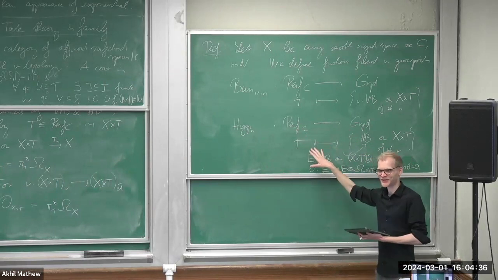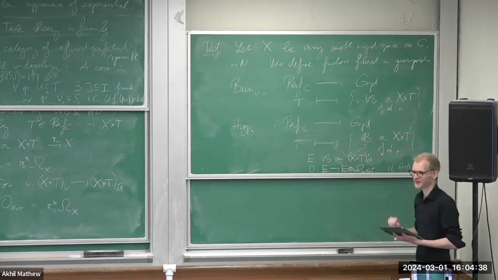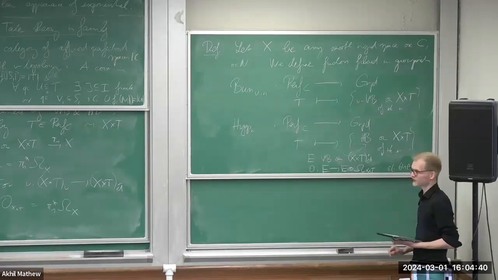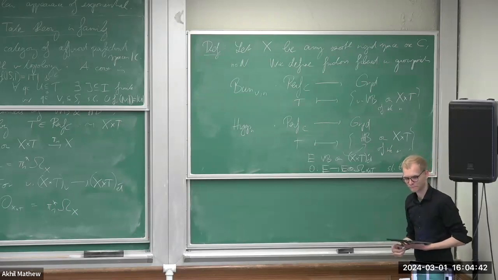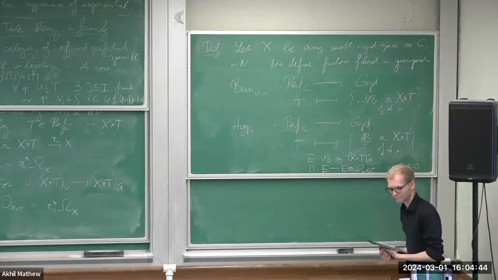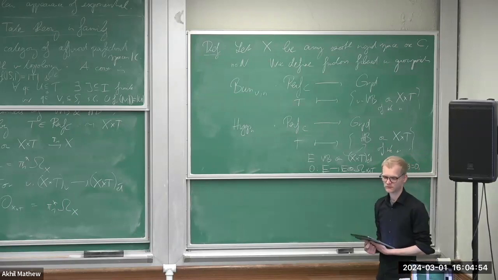I think for the kind of thing I want to say, this is a good test category. Oh, I didn't understand something you were saying. When you said that Bun_{V,N}, you define it on perfectoid spaces, but if you wanted to evaluate it on a rigid space, would you have to modify the definition?